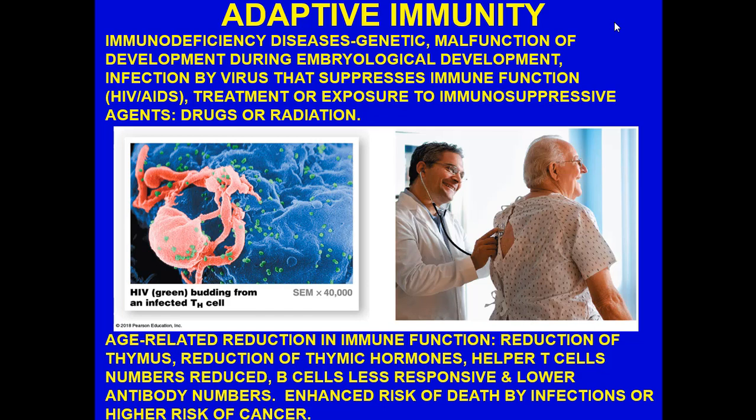You can get it from some pathological agents. The best known is HIV, AIDS, where the virus suppresses some of the immune function. You can also have suppression of immune function because of exposure to immunosuppressive agents such as drugs or radiation.